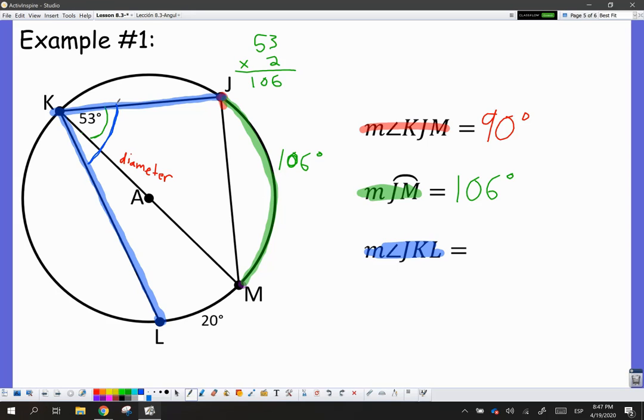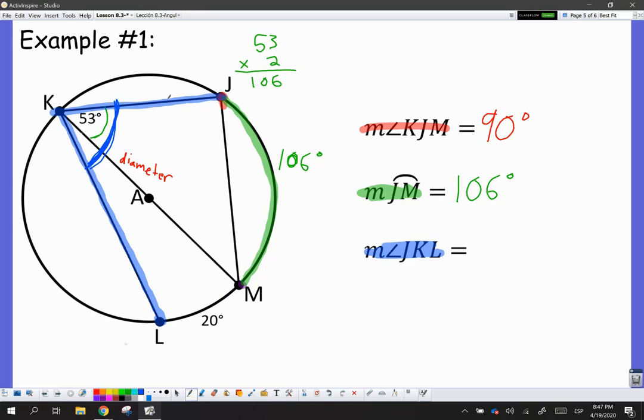Now, if you notice, this angle JKL also uses the 53 from earlier. So we're going to keep those highlighted because those might help us here. So let's take a look at what we have then. We know that this arc is 106 degrees. We see this arc down here, arc ML, is 20 degrees.